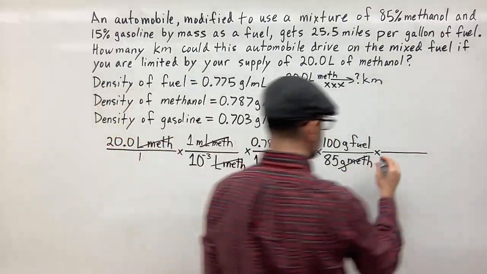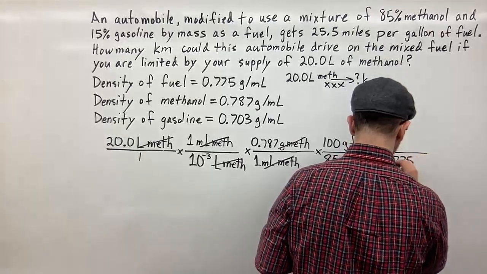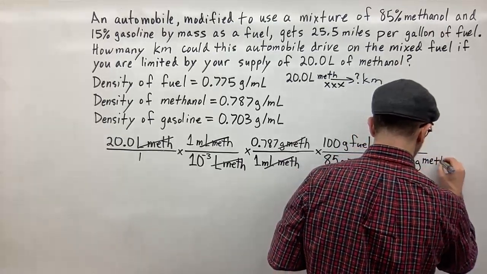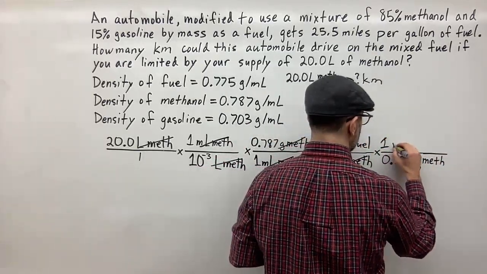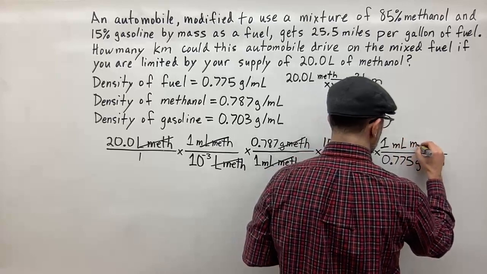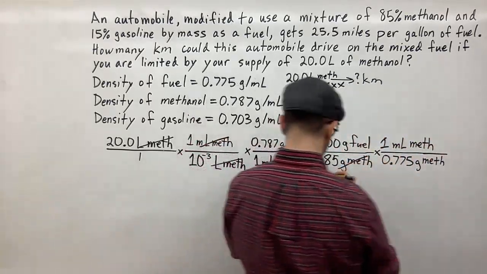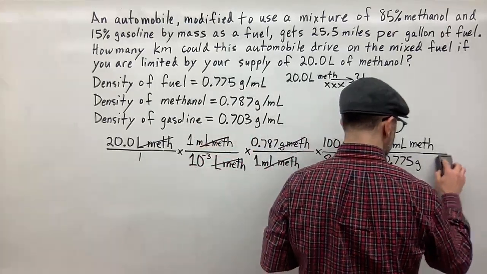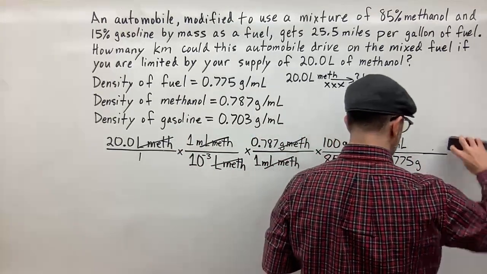The 0.775 grams of fuel goes on the bottom. And then on the top, 1 milliliter of fuel. Oops, not methanol, sorry, fuel, because we converted to fuel. So we're talking about fuel now.